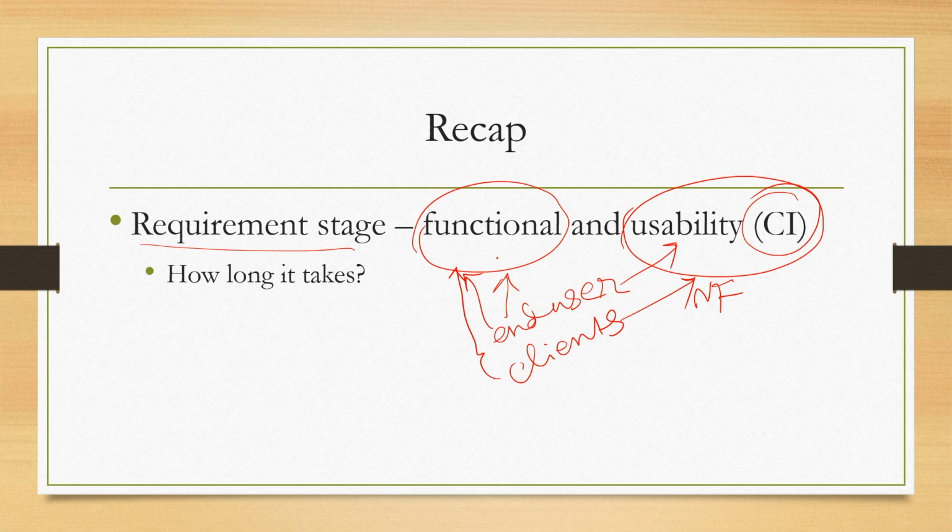Now, in order to identify all the different types of requirements, it takes long time. It may span months to collect all the requirements that are generally expected by both the end users as well as the clients.